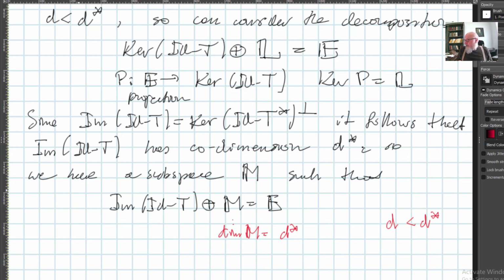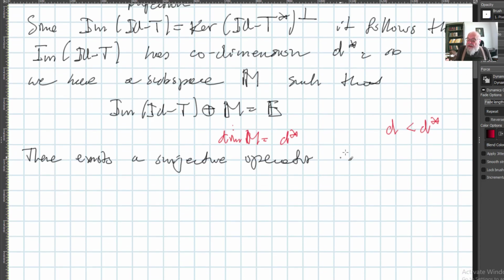So I can define, there exists a surjective finite dimensional operator A from M to L. Which one is smaller?